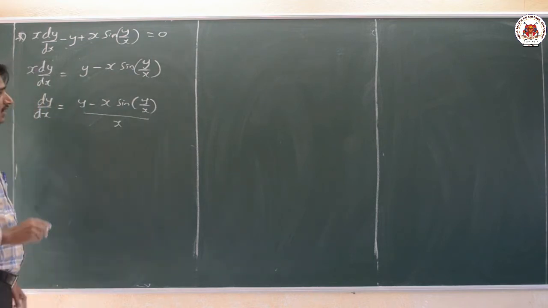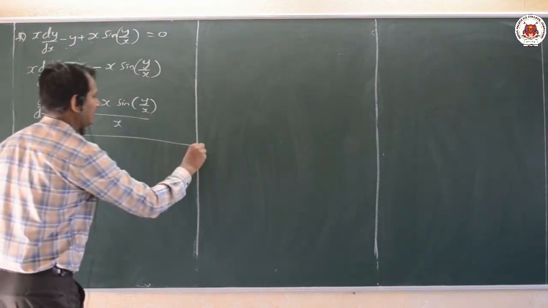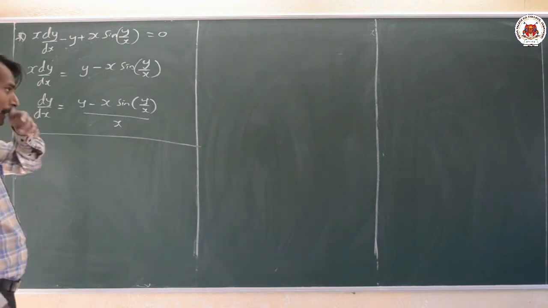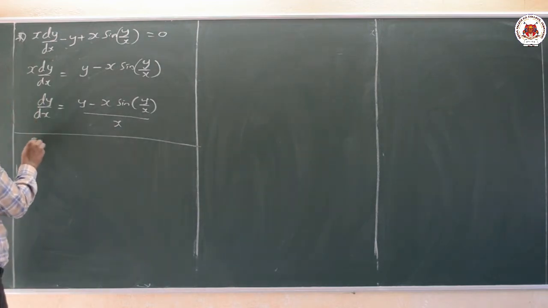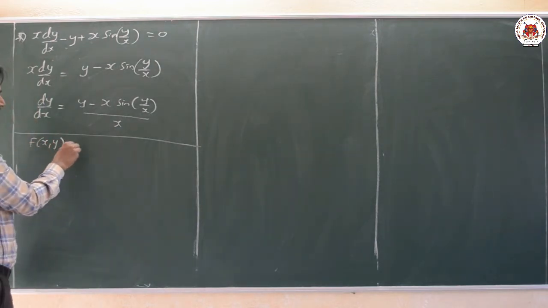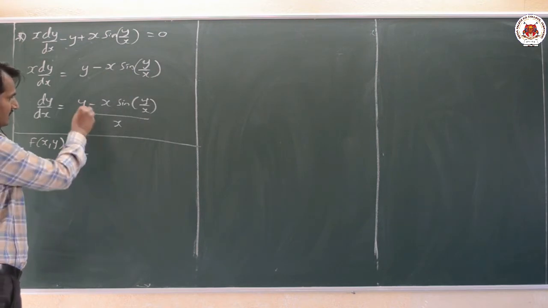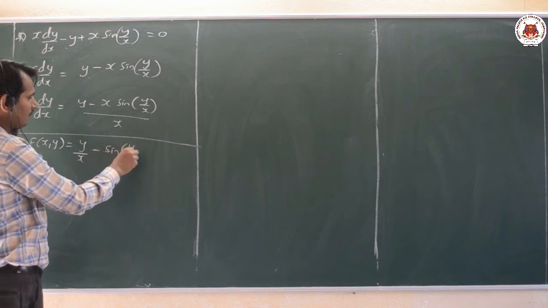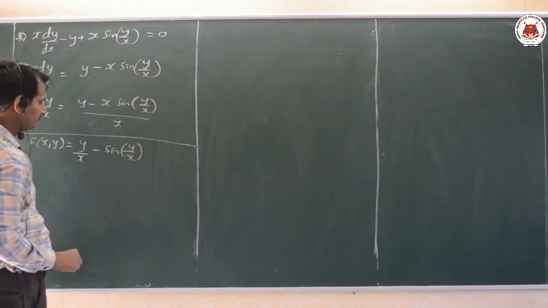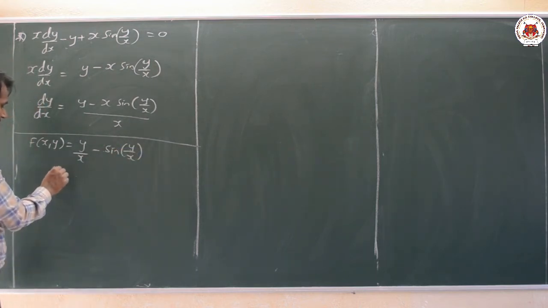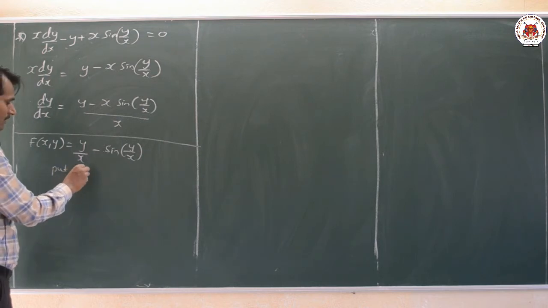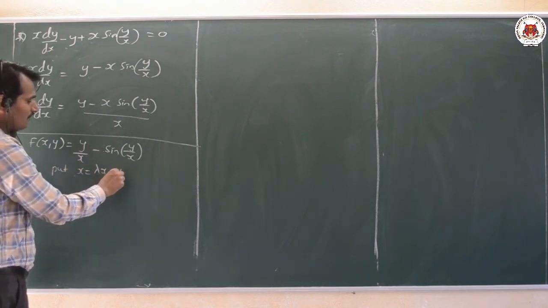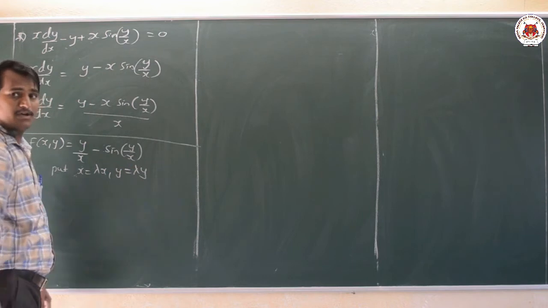Now we shall check whether it is homogeneous or not. For homogeneous, f of x comma y, I will write it as y by x minus x by x, that is 1, sine of y by x. So put x equal to lambda x, and y equal to lambda y.